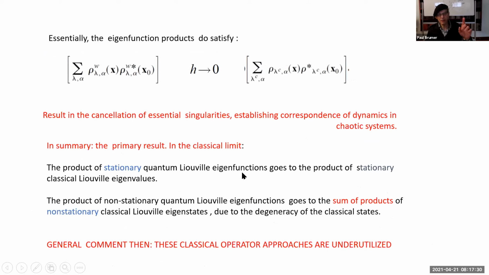And the primary result in the classical limit is that the product of stationary quantum Liouville eigenfunctions, stationary, you recall, are lambda equals 0 in the quantum case, k equals 0 in the integrable case, go to a product of stationary classical Liouville eigenvalues. The product of non-stationary quantum Liouville eigenfunctions goes to a sum of products due to the degeneracy of the classical states.